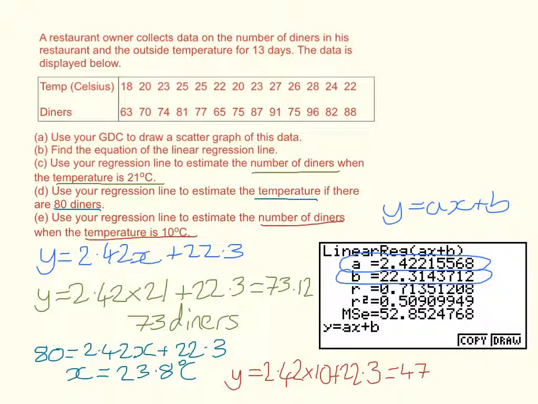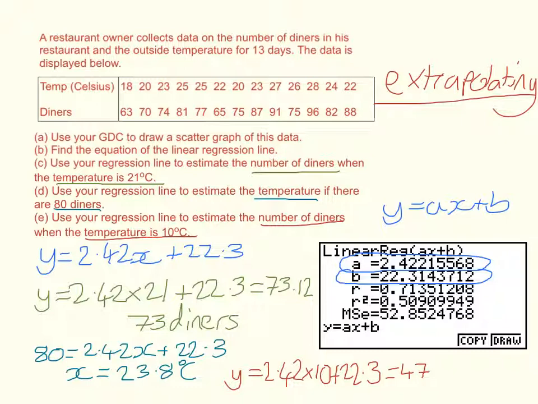Now we need to be slightly careful with this last one, because in the last one we're using a temperature of 10 degrees Celsius. And if you look at our original data, none of the temperatures go down that far. And what we're doing in that example is called extrapolating. And sometimes extrapolating doesn't work, because if we're extrapolating, that means we're taking data from beyond the data that we have.